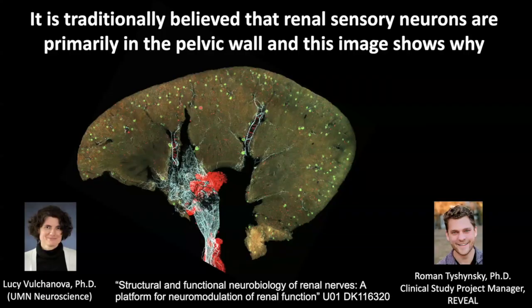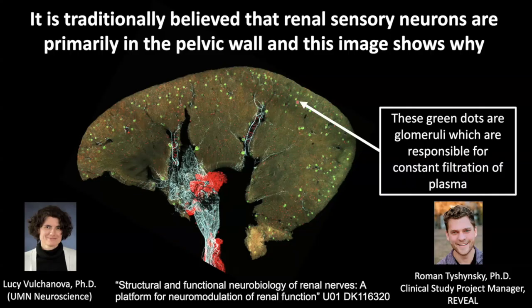And so a lot of the thinking about renal afferents has been pelvic afferents. But what you see here when you look at the kidney is, hopefully, there we go. All of these green dots here are glomeruli.